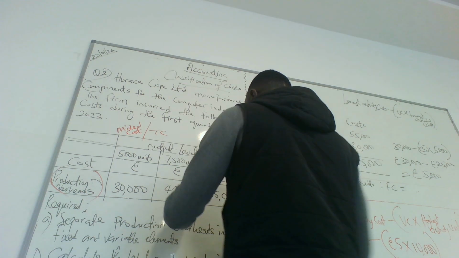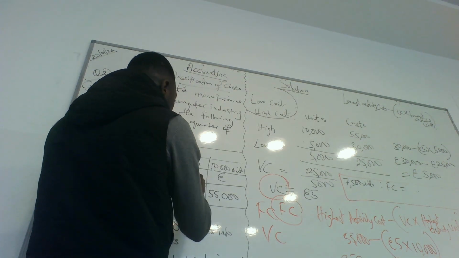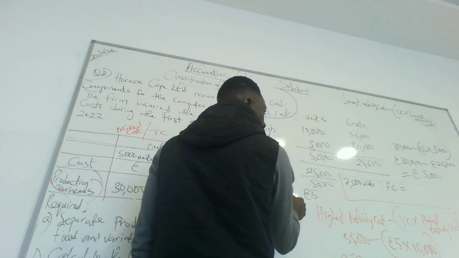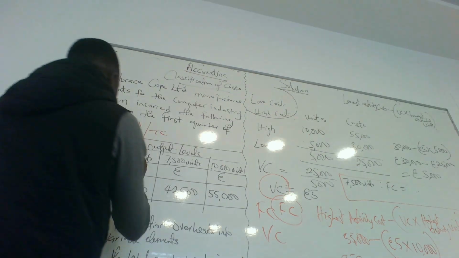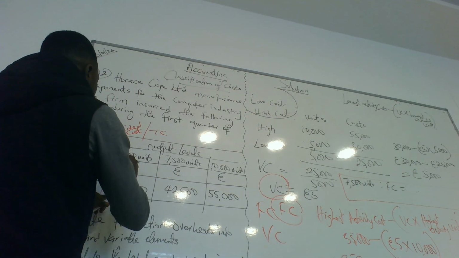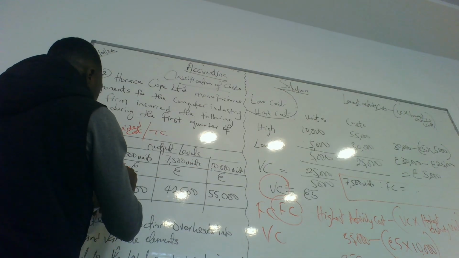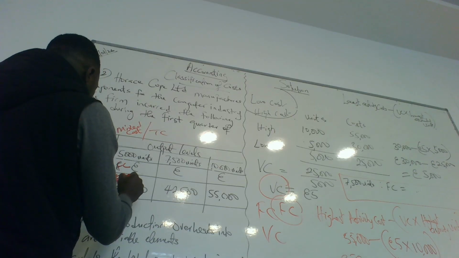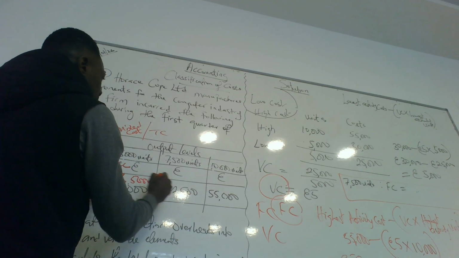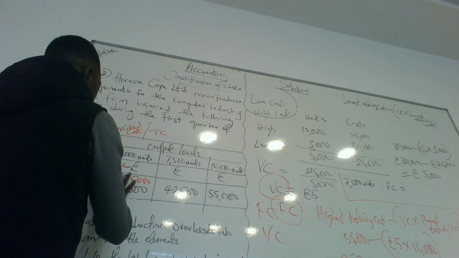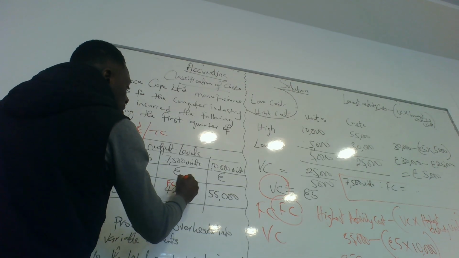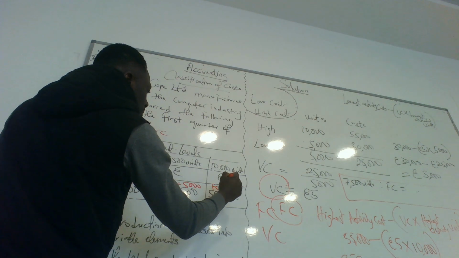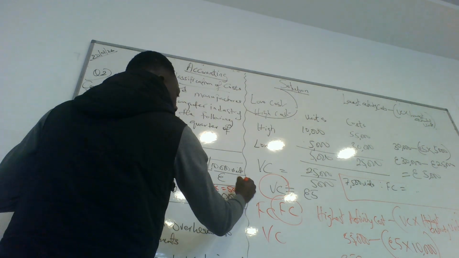You were asking me the other time how do we get this? So now that we know the fixed cost and this is our variable cost, we know our fixed cost will be 5,000. Sorry, let's do it this way. FC is 5,000 out of it.